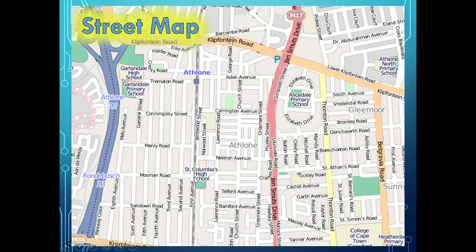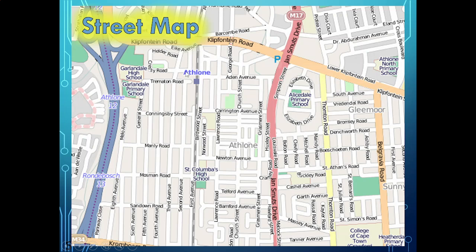So now, this is one small white road, you pass Mossman Road, then you pass Manley Road, you probably won't see the names, then you pass Coningsby Street, then you go to Tremerton Street, and can you see here, this thing ends here, so you have to go all the way up to Athlone Street.